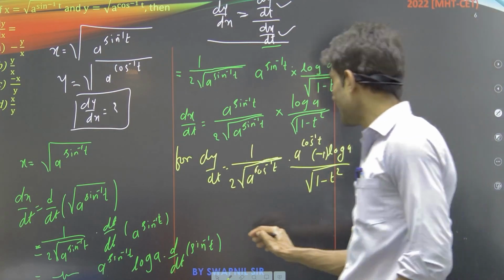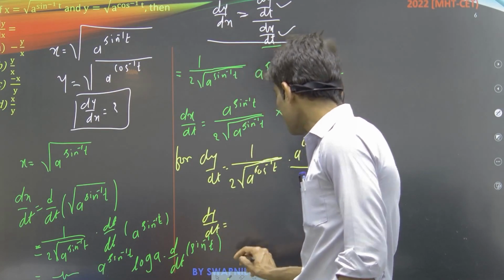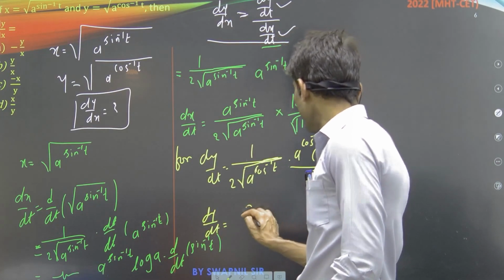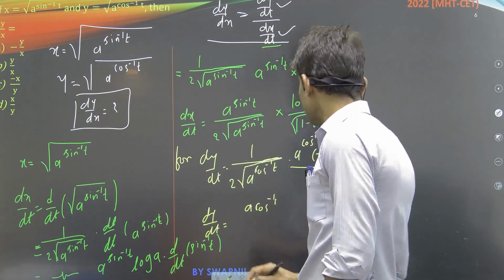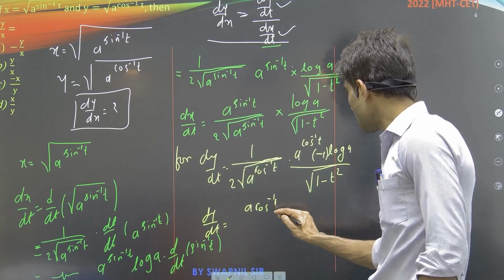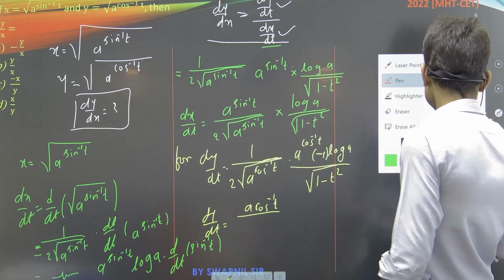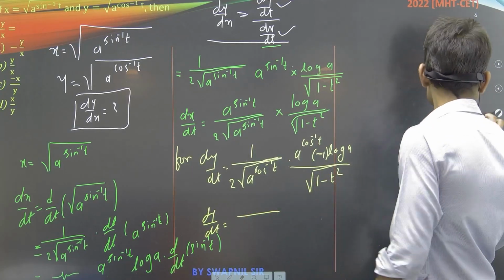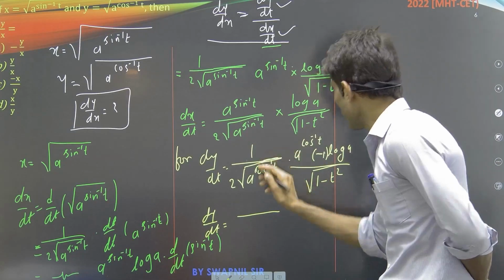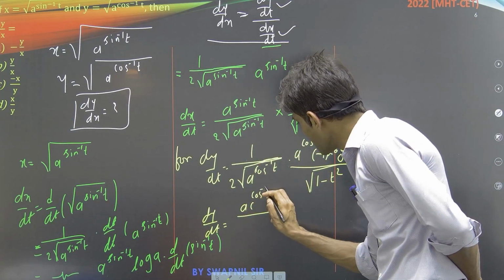So in the next step we write dy by dt as a to the power cos inverse of t, divided by 2 times the square root of a to the power cos inverse of t.